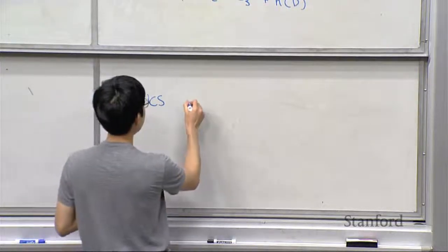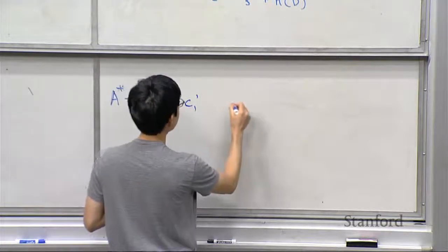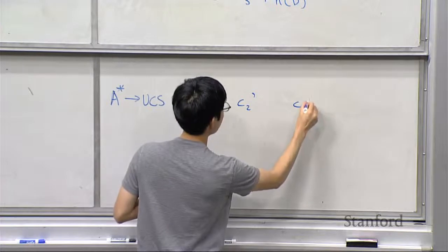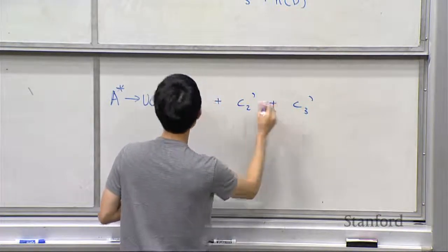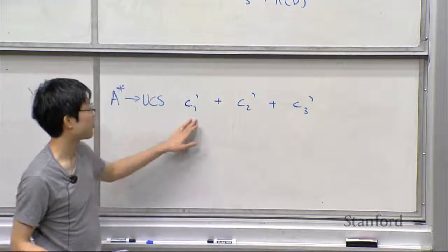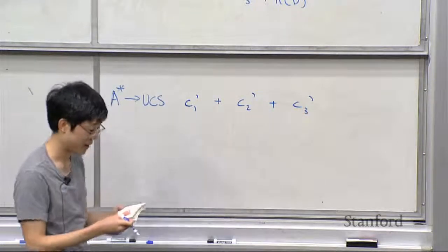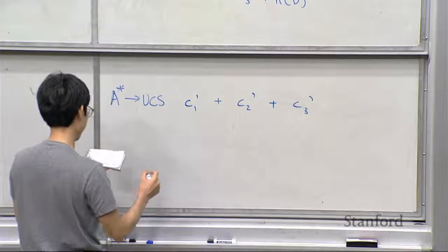So I'm going to say that now I'll modify the cost to be C1 prime, C2 prime, and C3 prime. And we're going to say that the cost for this path is the sum of these C1 prime, C2 prime, C3 prime. So what am I going to define C1 prime as?